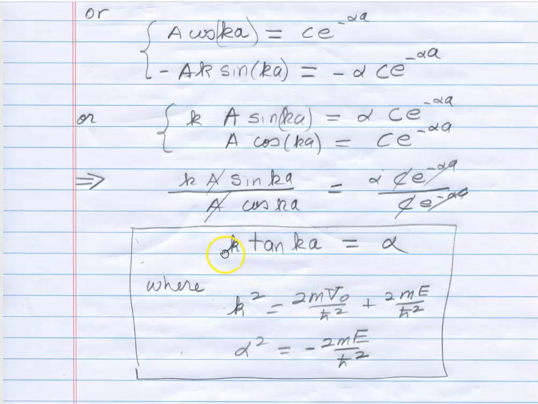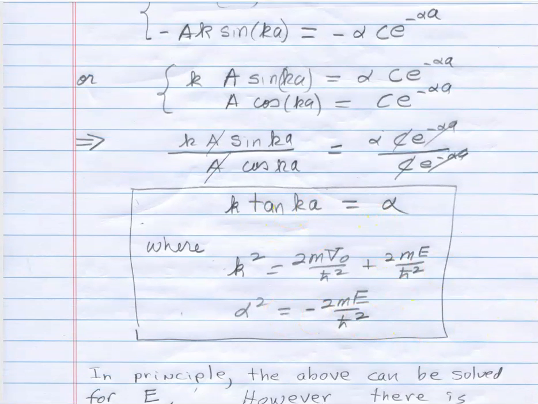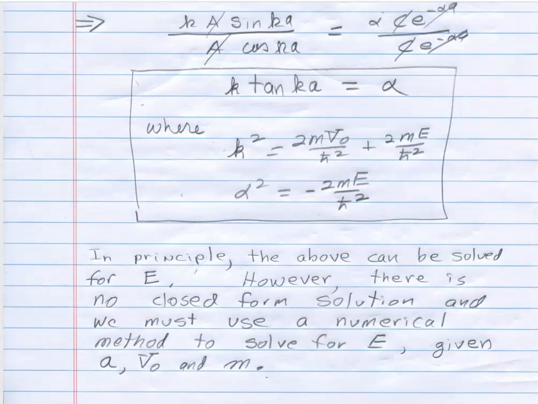Pretty obviously, though, if k is given by the square root of this expression, and alpha is given by the square root of this expression, then if I have the mass of the particle and I know how deep the potential well is, I can plug these in up here and I've got an equation, albeit a nonlinear equation for E, that I can solve for E. We'll have to do some more work on this set of equations, but since it's nonlinear, we have to use some numerical method, perhaps a Newton-Raphson iteration or some kind of root finding technique, to find the bound state energies E that solve the equation.